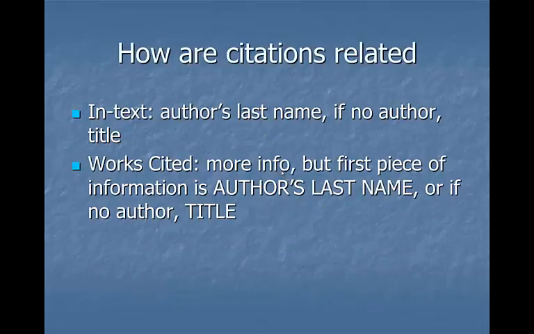But there is a definite connection between the in-text citations and the Works Cited page citations, and I want to make sure that we're clear on that. The in-text citation has the author's last name, but if there's no author, it has the title. The Works Cited page has more info, but the very first thing in that Works Cited citation is the author's last name.